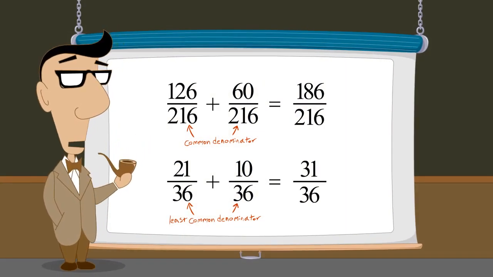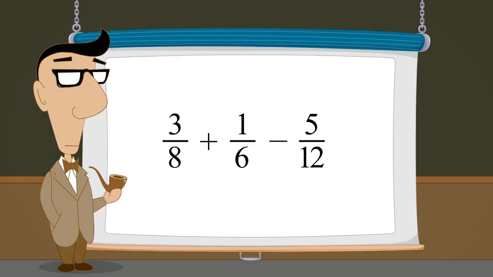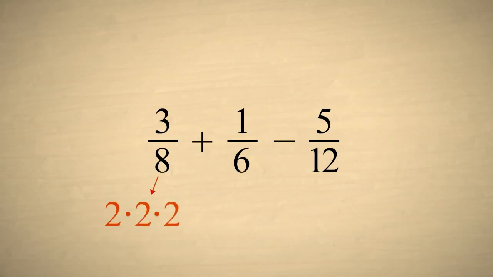The power of using the least common denominator is especially apparent when we add or subtract more than two fractions. For example, let's calculate 3/8 plus 1/6 minus 5/12. We first factor each denominator.